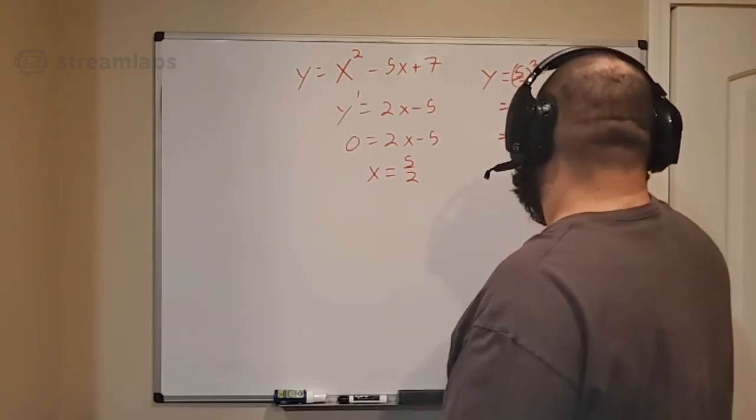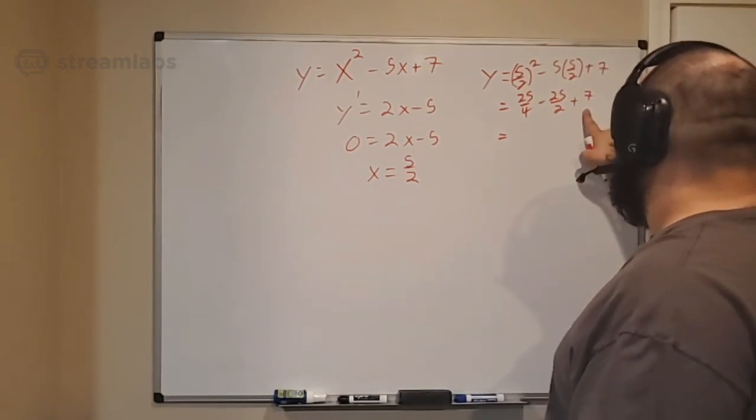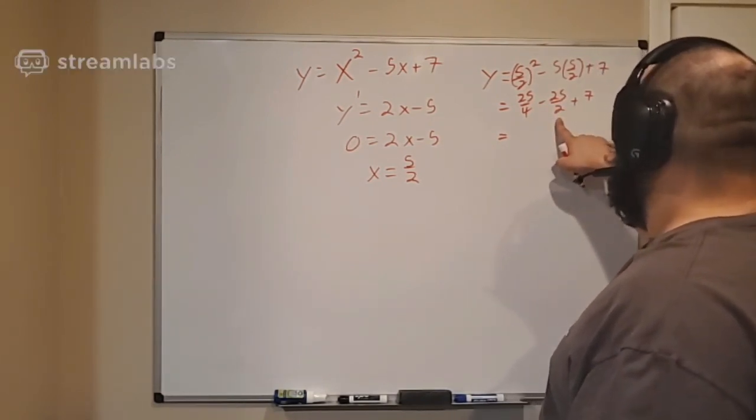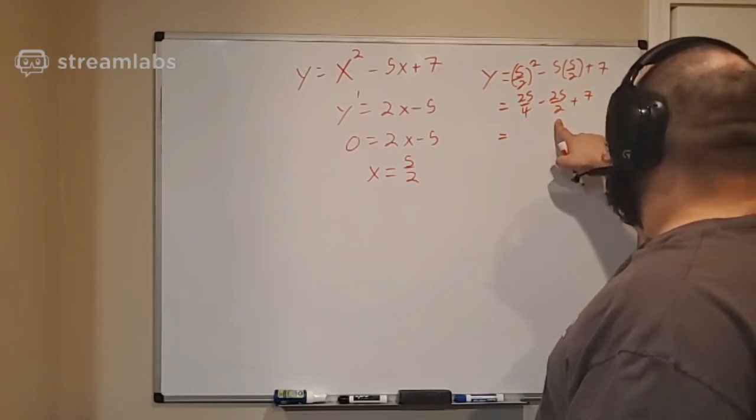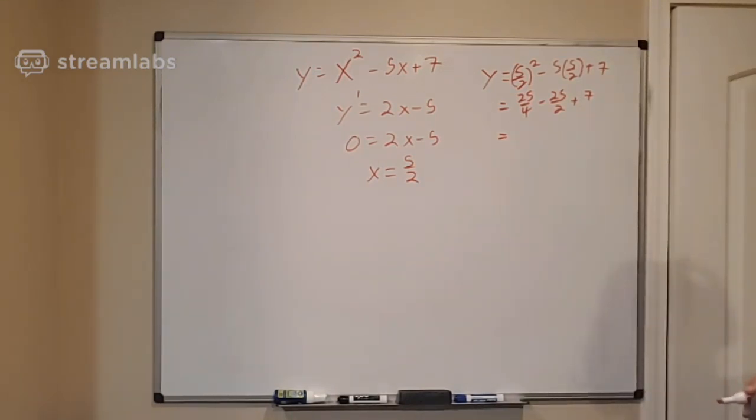So is that 28? I get a negative number. What did I do wrong? X squared minus 5x plus 7. It should be 3/4, I think.